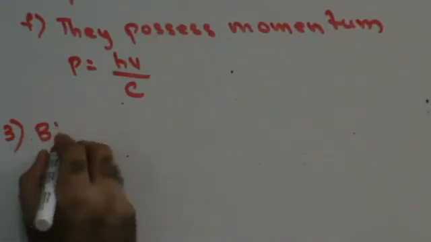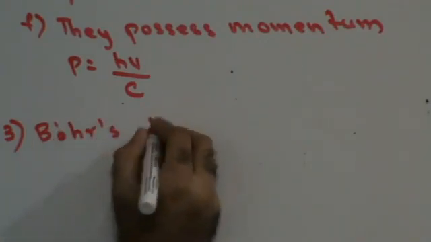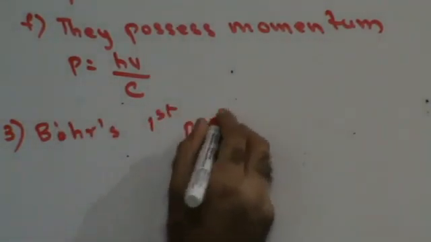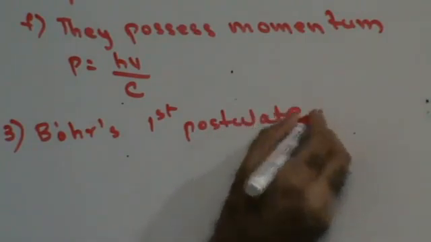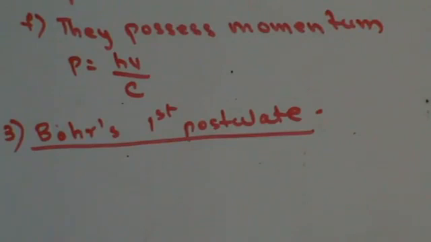Now let's see Bohr's first postulate. Bohr's first postulate says that the electron in a hydrogen atom revolves in a circular orbit around the nucleus, situated at the center.